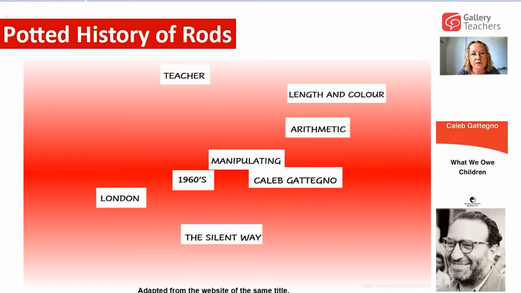Cuisenaire rods are used to illustrate the basic operations of arithmetic, as well as principles of place value, fractions, and factoring. The method emphasizes the learner's capacity to learn these principles for him or herself as a result of manipulating the rods. They were popularized in the early 1960s by Caleb Gattegno, a professor at the University of London.